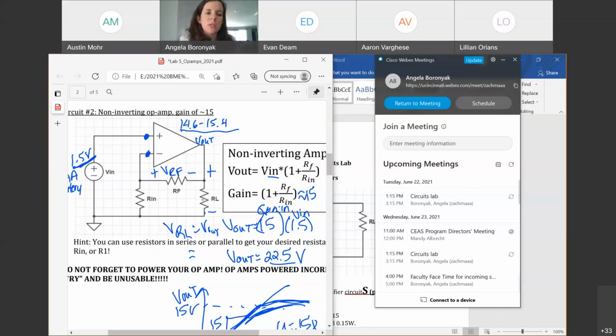It's equal to Vn, which is 1.5 volts. This had to be the same if I have a feedback path, which I do. So the voltage drop over RF goes from 1.5 volts to V out, which is 1.5 to, in theory, 22.5, so a large negative number. It won't be that either, because V out isn't that.